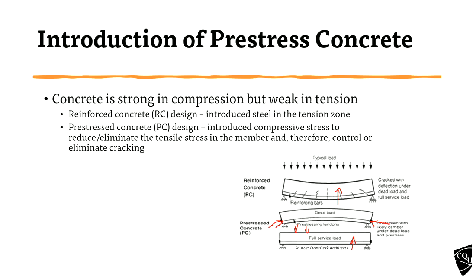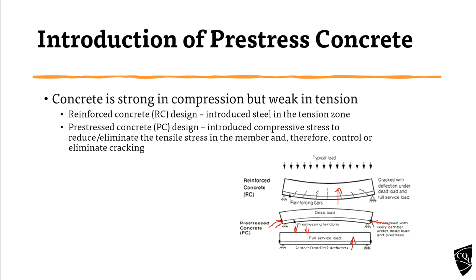There are some values. When you have small tensile stress in the bottom fiber, that can be carried by the concrete. So if concrete can carry that tensile stress, we will not get any tensile cracks.